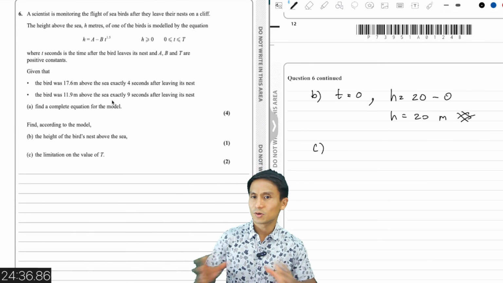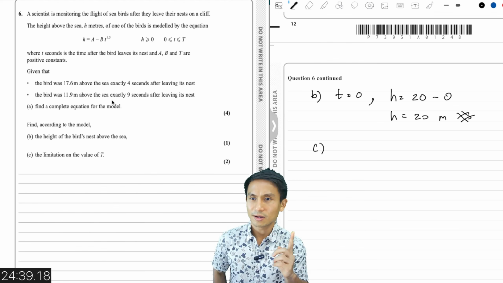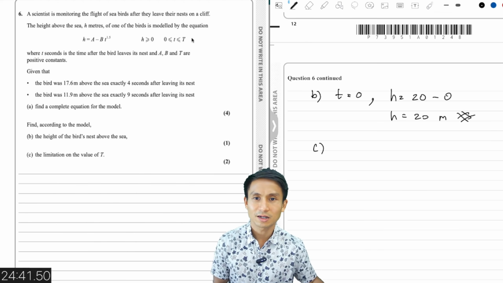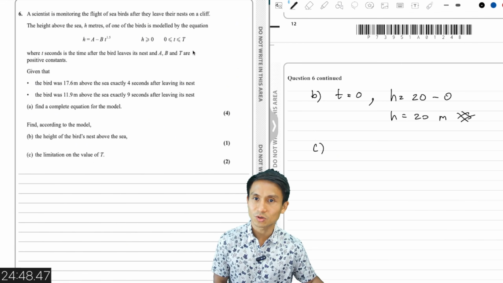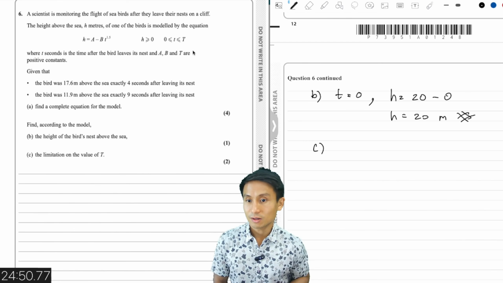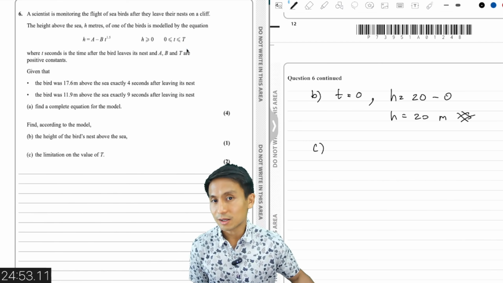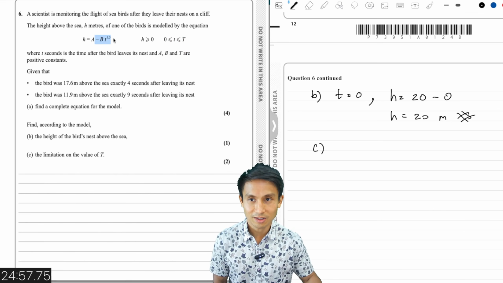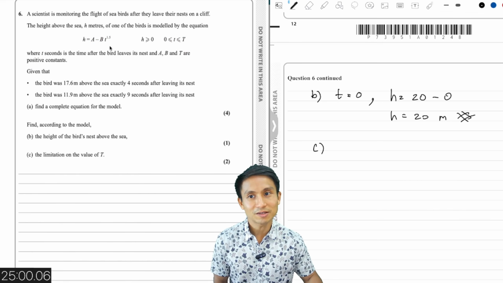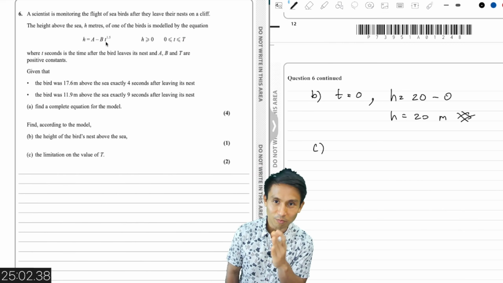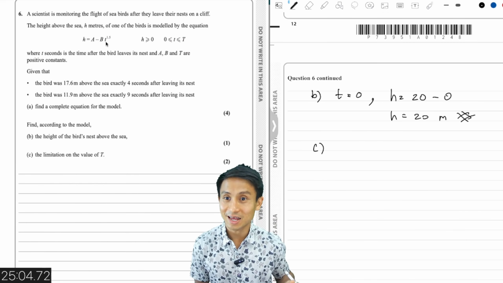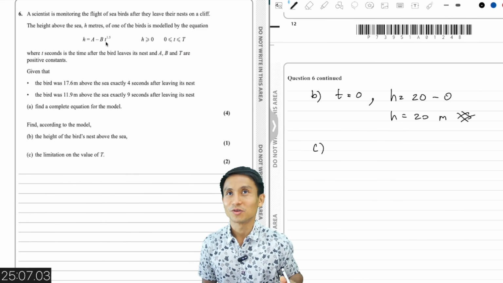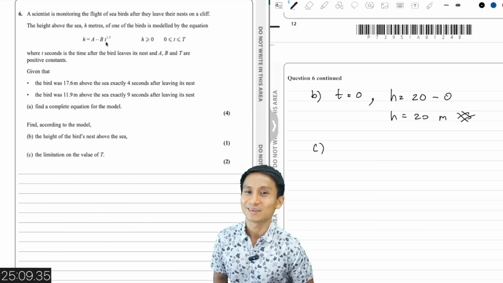The limitation on the value of t. Okay, so, right. The capital T here is sometime after, right? I think there is a range here because if you look at the terms here, it's a negative. That means if you increase the time, there will be a point where height is less than 0. So the bird is like sinking under the sea or something.